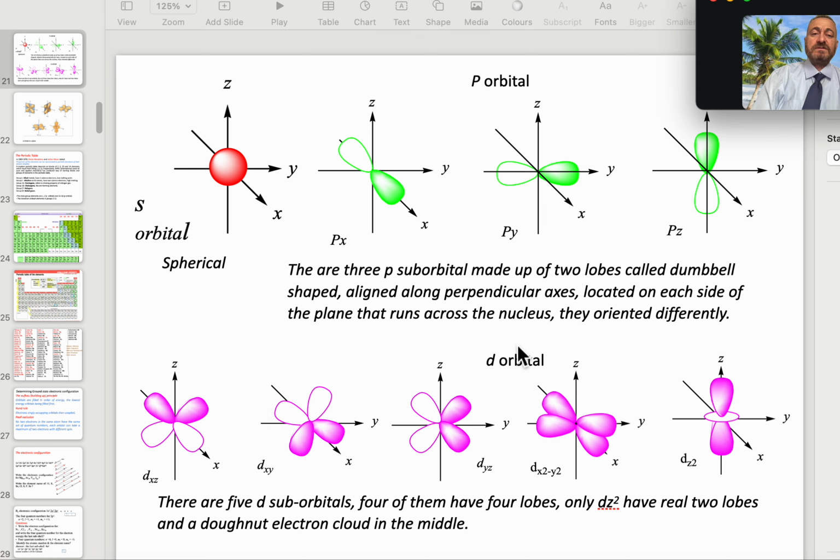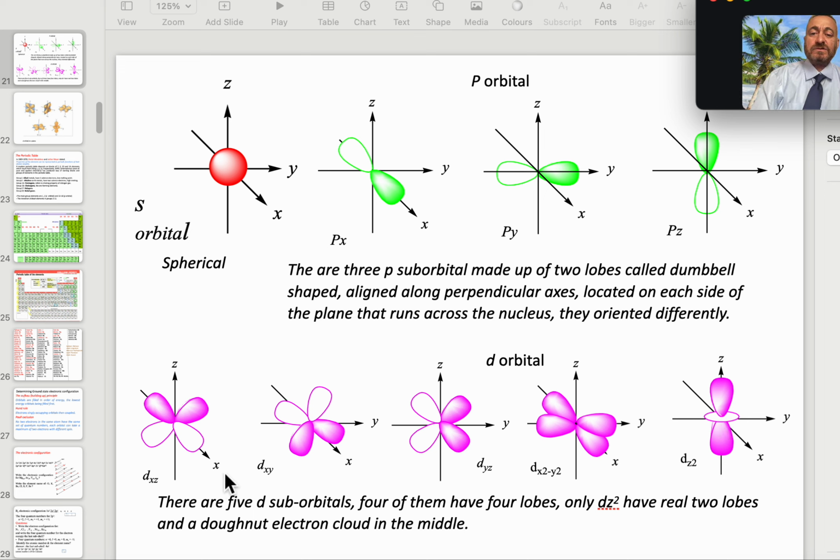Now, if we come to the d orbitals, there are 5 d suborbitals: 1, 2, 3, 4, 5. Four of them have 4 loops. Only dz square has 2 loops, and in the middle there is like a cloud.